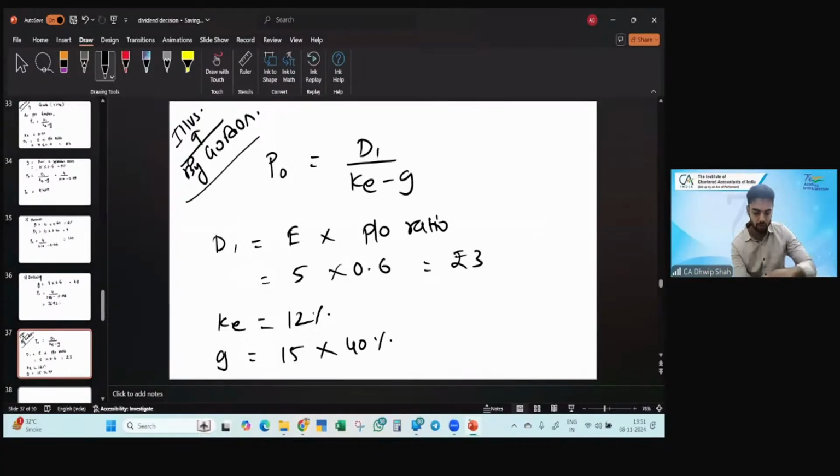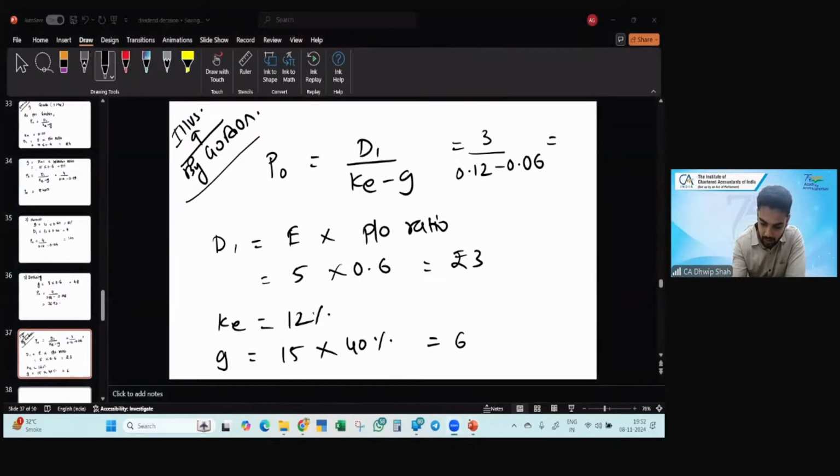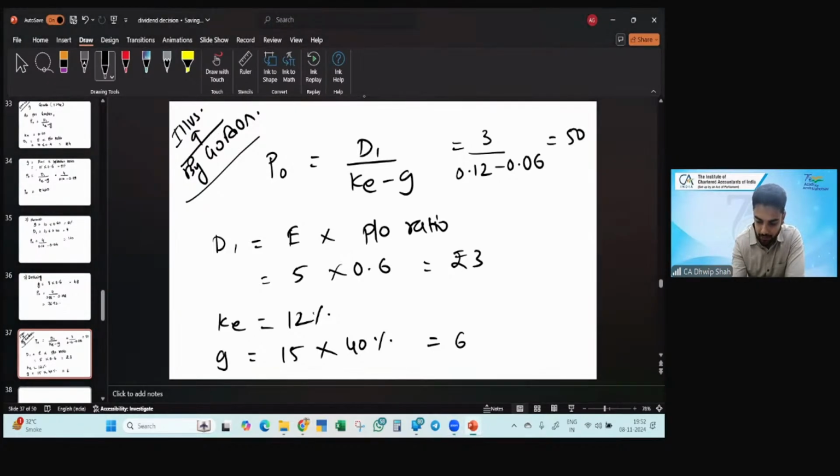So my G comes to 15 into 40%, which is 6. Correct? So my P0 comes to 3 divided by 0.12 minus 0.06. It comes to 50 per share.